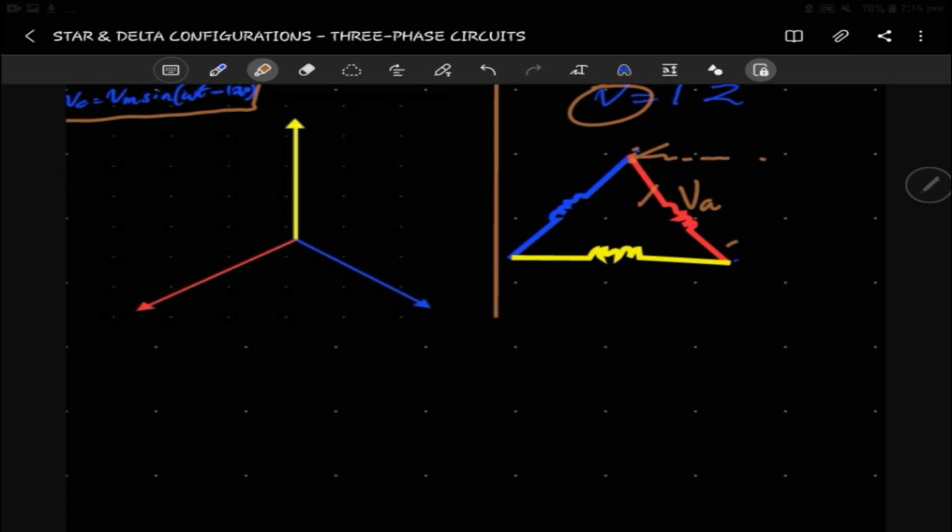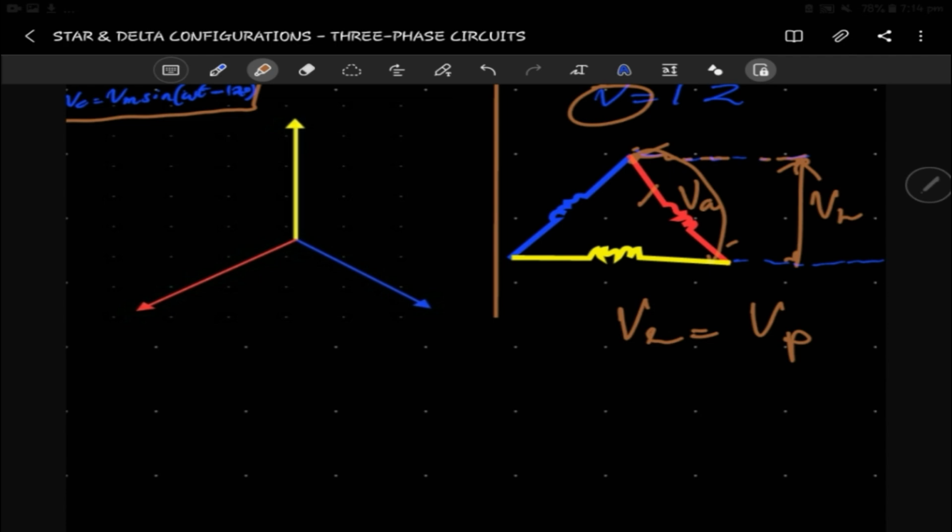So it'll be something like this. So this is the phase voltage, and the line voltage, let's call it VL. If we put a voltmeter here, measure the voltage, and then measure the voltage across here, they'll be the same. So for the delta, the line voltage is the same as the phase voltage.